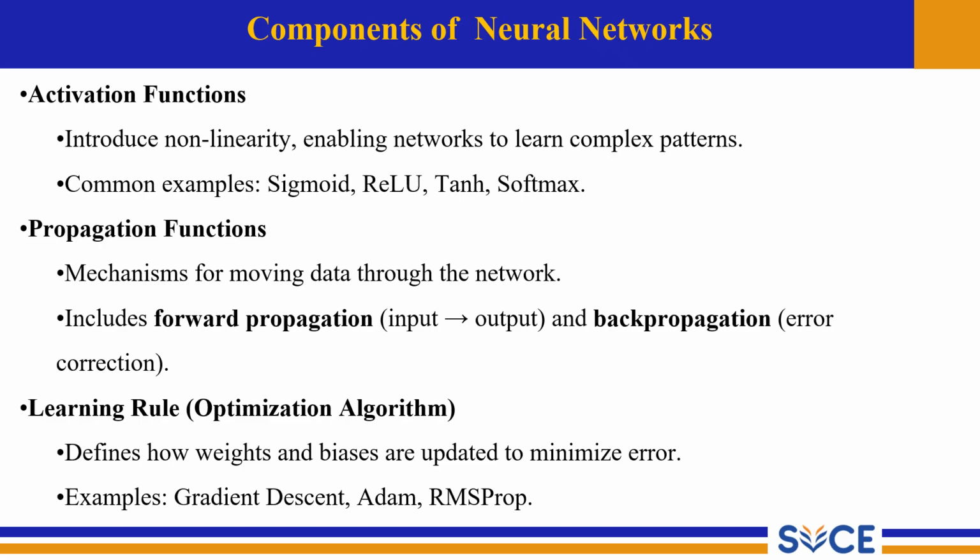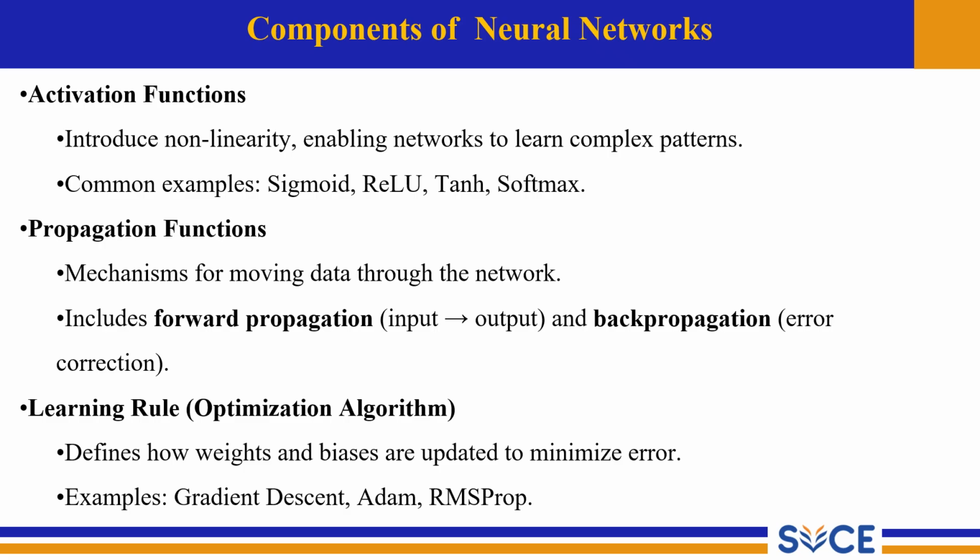Tanh, which outputs values between -1 and +1 and is often used when data is centered around 0, and softmax, which is used at the output layer for multi-class classification, since it converts raw scores into probabilities. Overall, activation functions help the network understand nonlinear structures and allow it to make more accurate predictions.